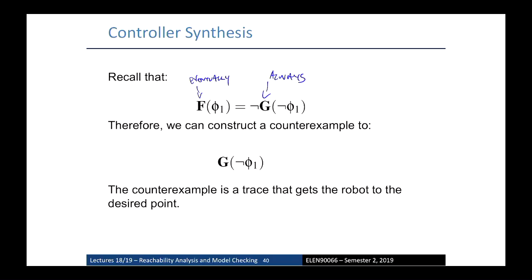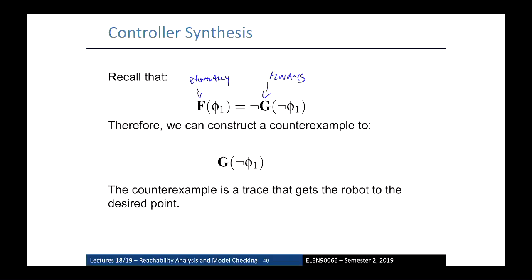What this says is that phi 1 is true sometime in the future, eventually, if and only if the opposite of phi 1, so phi 1 is false, is always false. So you could say not phi 1 is always true. It's a bit of a wordy way of saying it. And that kind of makes sense, right? If you want to prove the eventual property, you can prove the opposite always property.